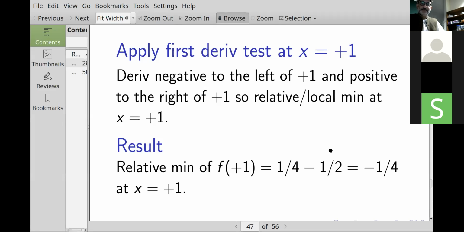Okay. So we would say that there are global minima of -1/4 at x equals plus or minus 1 for this function. Are there any other questions?